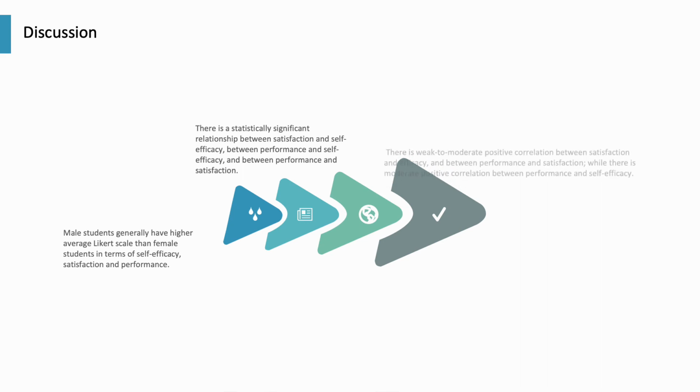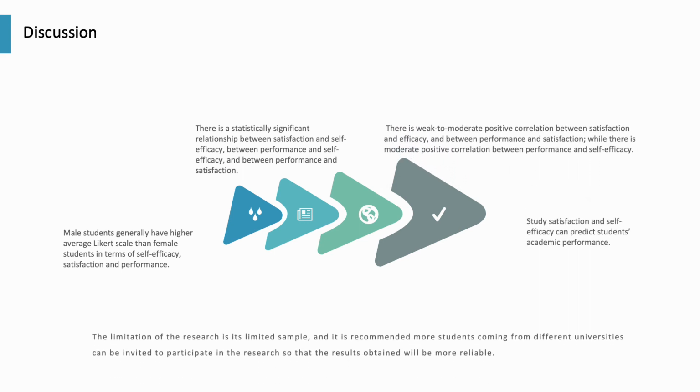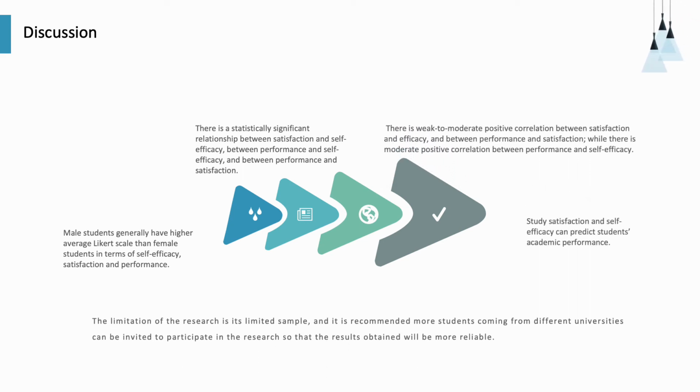So, what we have found so far from the research and tests conducted: male students generally have a higher average Likert scale than female students in terms of self-efficacy, satisfaction, and performance. There is a statistically significant relationship between satisfaction and self-efficacy, between performance and self-efficacy, and between performance and satisfaction.